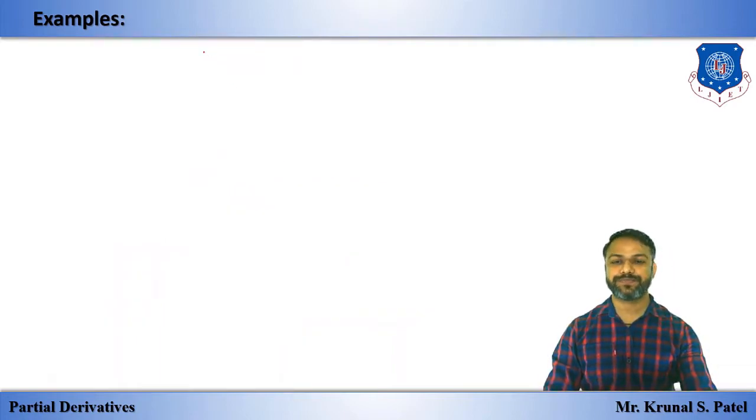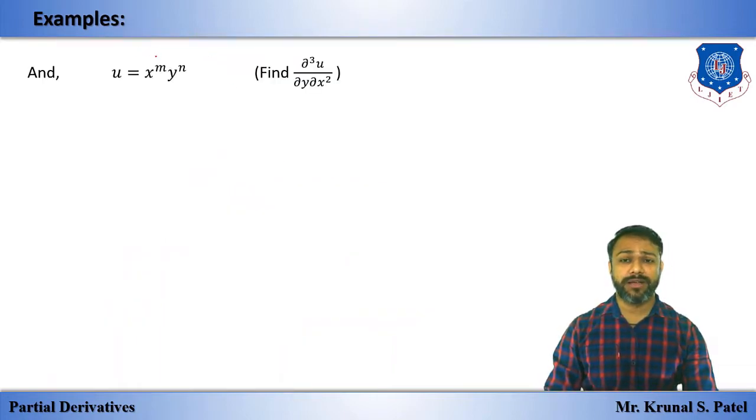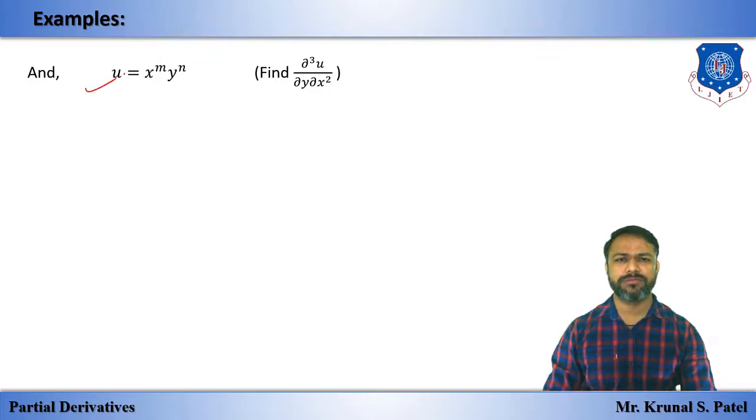So let's start. First, we always write down u because we are changing the slide. And now we want to find this term, that means del cube u by del y del x square.